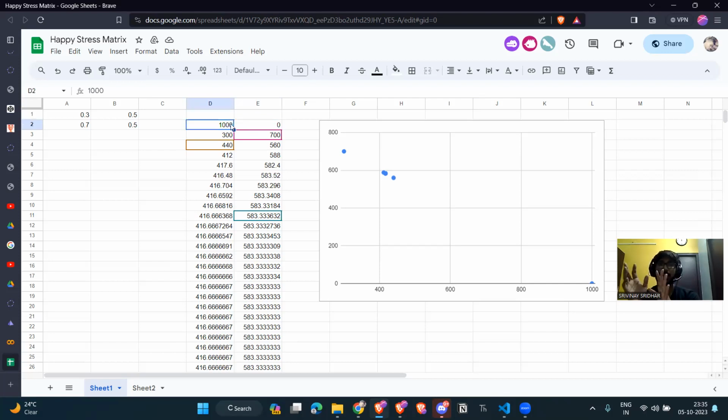Now the next row is representing how many people will stay happy. You know 300 will stay happy, and 700 will become stressed. So we are applying the matrix on whatever inputs keep changing in the bubbles.